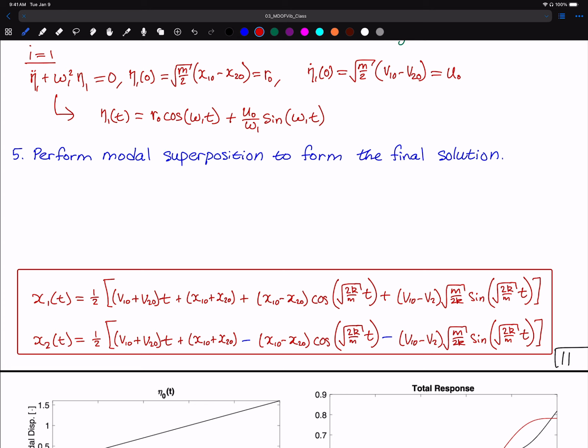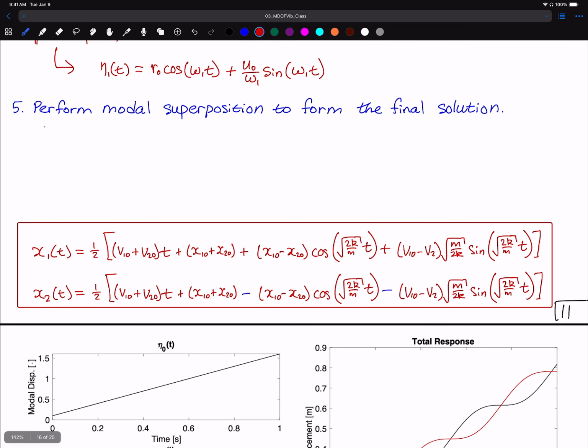Okay, so from here, now that we've solved for the solution of each mode, we now need to perform a modal superposition to form the final solution. In order to do that, we're going to recall that x of t, our vector of displacement, is equal to phi times eta of t.